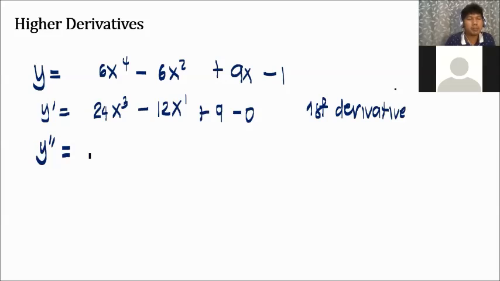So 24 times 3, that is 72, I think. 72x squared minus, this is 12x, so that's just 12. And this is 9, so that would be 0, right? So it's not 0 yet, so let us go further.